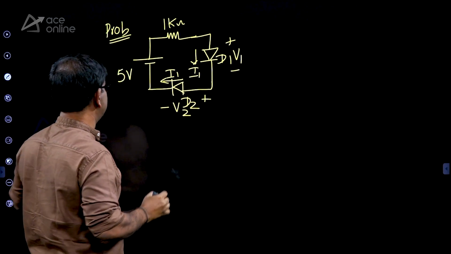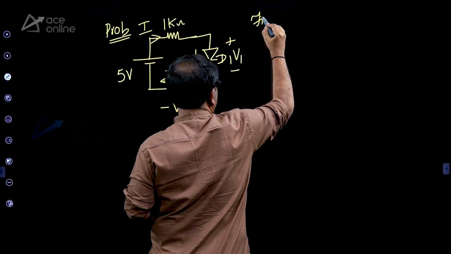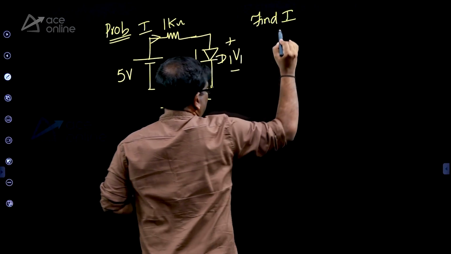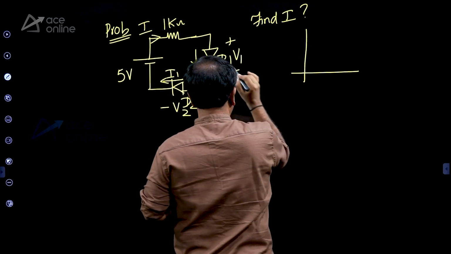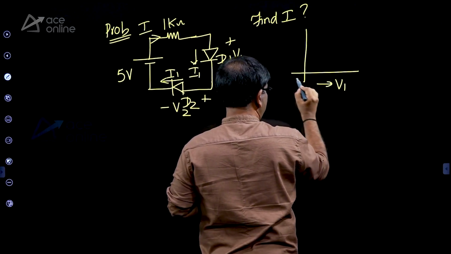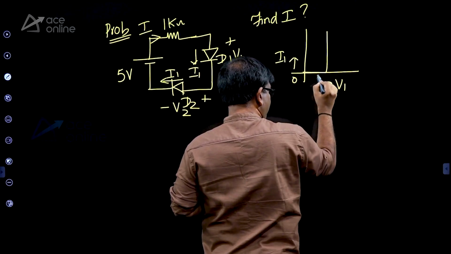Suppose the examiner asks you, find I, if the diode has a characteristic V1 and I1, which is giving you 0.7 volts.